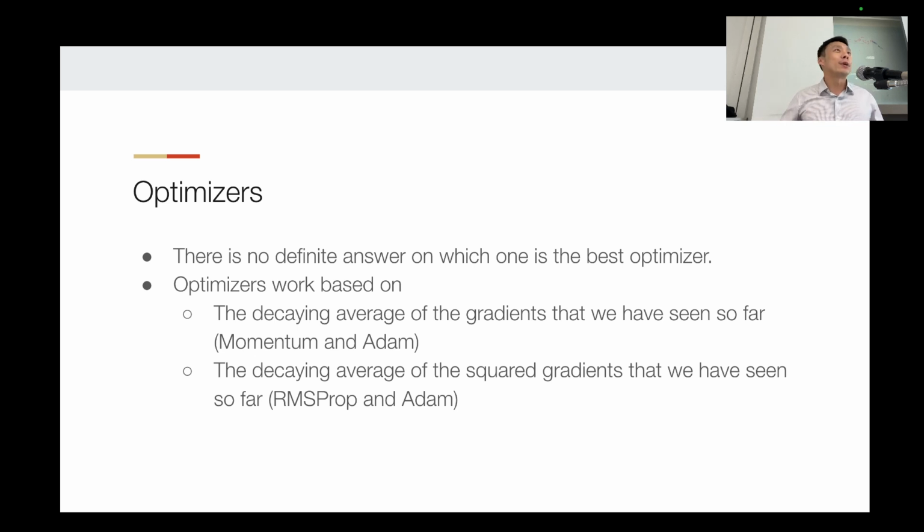Again, there's no real justification of which one is better. But all I want you to understand is that it uses the idea of the previous gradients, either in terms of the decaying average or the decaying squared gradient, which is the variance. That seems to be the theme.